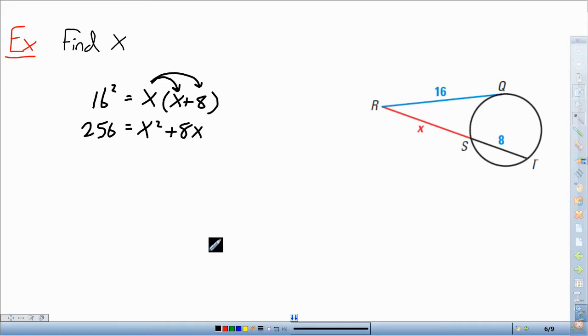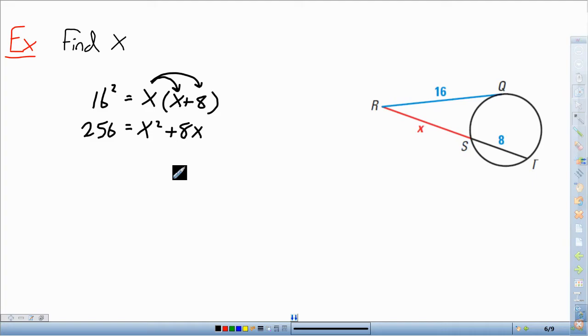Okay, here's the issue. We now have a quadratic and also just x by itself. This cannot be solved using just square rooting. I have essentially two different things I need to worry about, right? So this is a quadratic equation. So the question is what do we do?